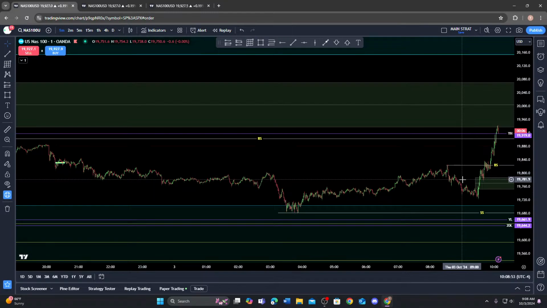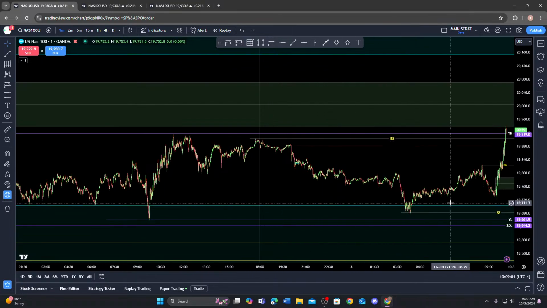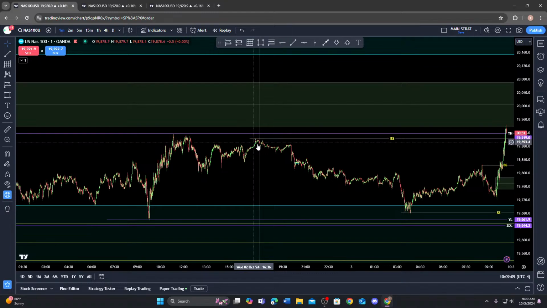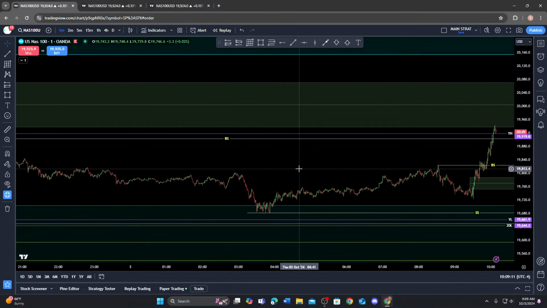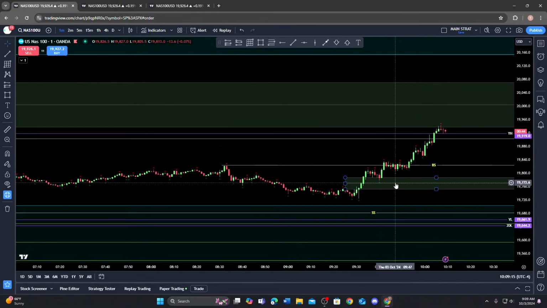We were trading down during 8 to 9, while also trading down through London and Asian session. And we were just looking at 9 o'clock, taking out liquidity from Asia and London. And we got that.